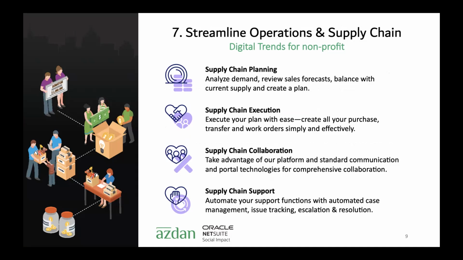So they need to make sure they have a reliable system to handle all the back office operations and the heavy supply chain cycle, which is where NetSuite again comes to the board, giving you the ability to streamline your whole supply chain process, in terms of supply chain planning, execution, collaboration, and any kind of support. It's handled 100% on Oracle NetSuite, and for sure this is a big added value to build transparency and also efficiency when it comes to back-end operations or supply chain automation.